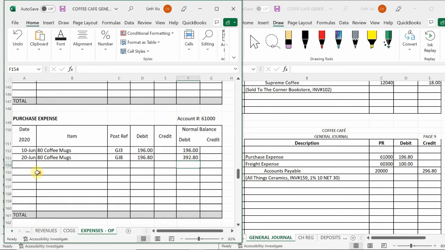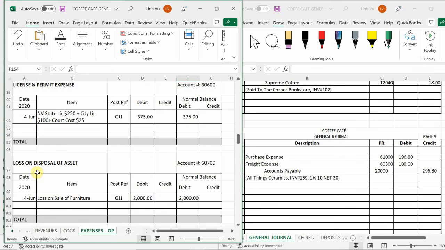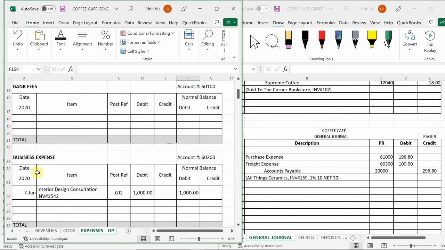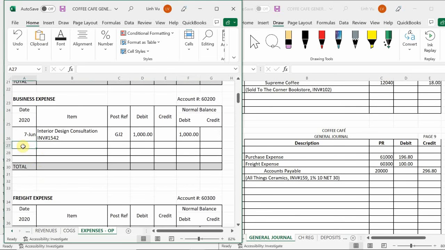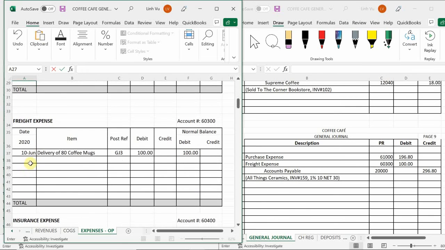Good. Now we need to go up to my freight expense. Oh, wrong one. Freight expense. Delivered 80 coffee mugs. For how much? $100. Yes. So what's my grand total deliveries? 200.